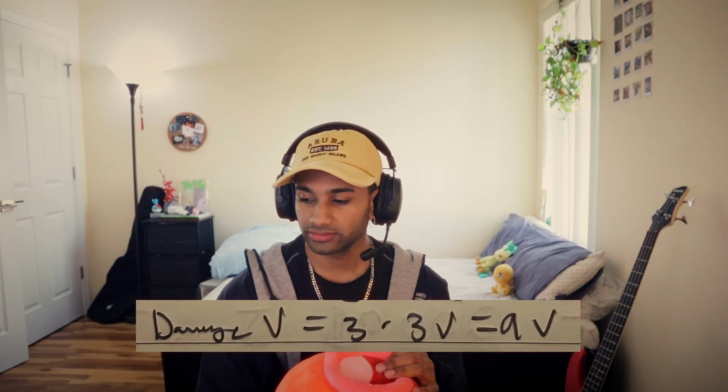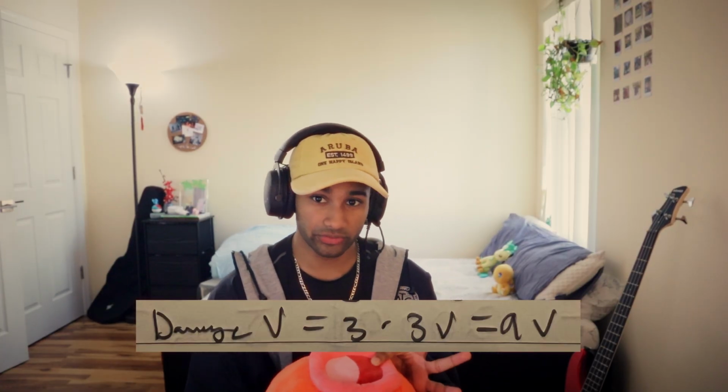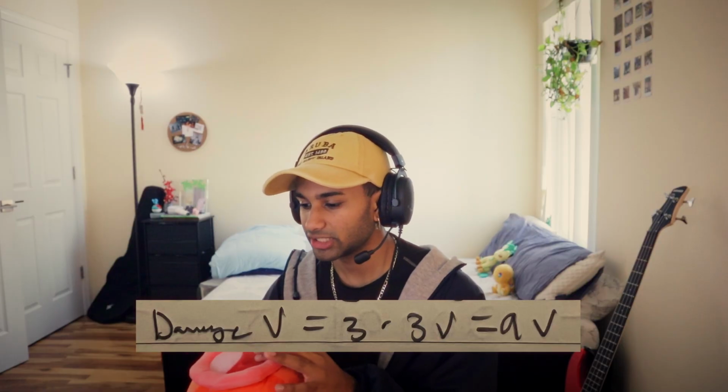Now, you might be thinking, well, Amit, how do you know it's not going to cause any permanent damage? Well, we can go back to the electrochemistry rules for LiPo batteries. It says that it only starts getting damaged when it's at 3 volts per cell, and we have 3 cells. 3 times 3 is going to be 9 volts, and so that battery is not going to go below 9 volts, and we shouldn't have any damage because it's not going to be reaching anywhere near that.